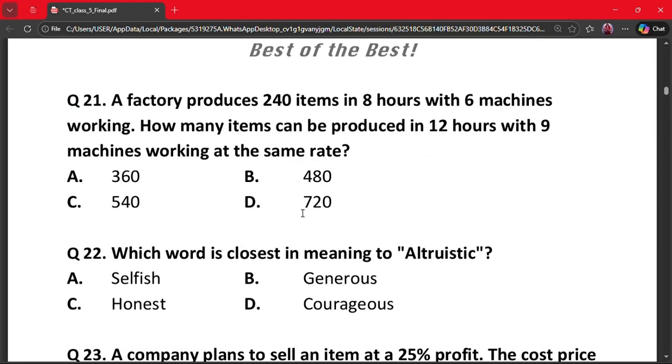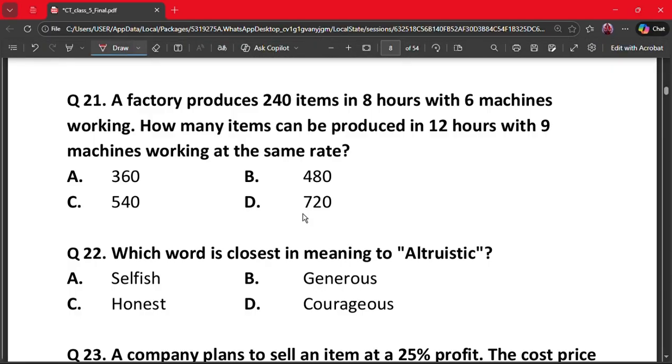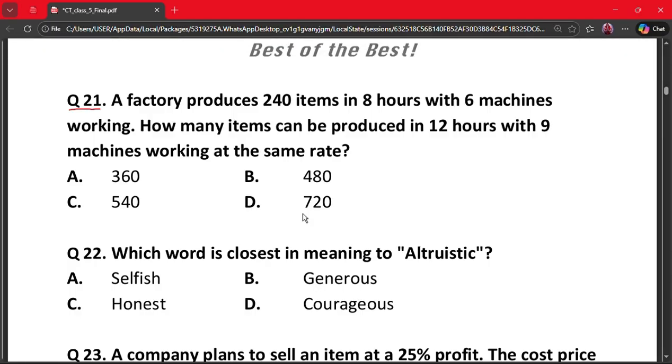Moving on to the next question, that is question number 21. A factory produces 240 items in 8 hours with 6 machines working. How many items can be produced in 12 hours with 9 machines working at the same rate? So here the options are A. 360, B. 480, C. 540, and D. 720.